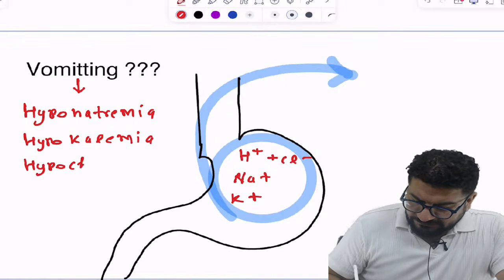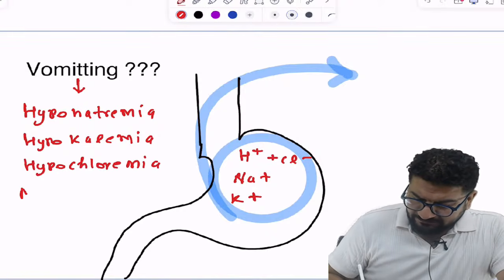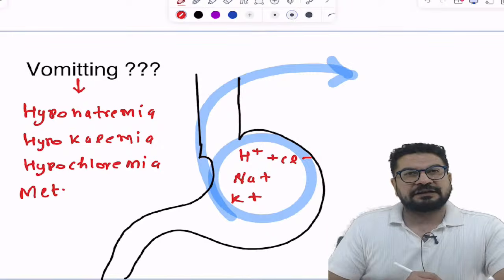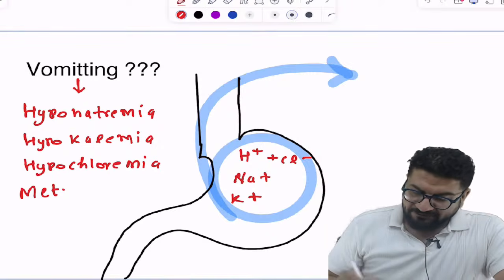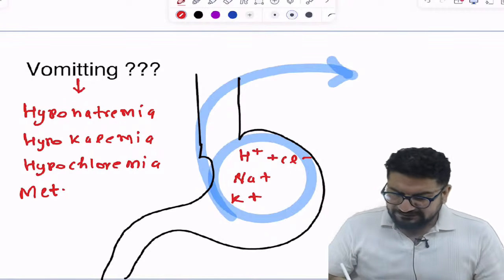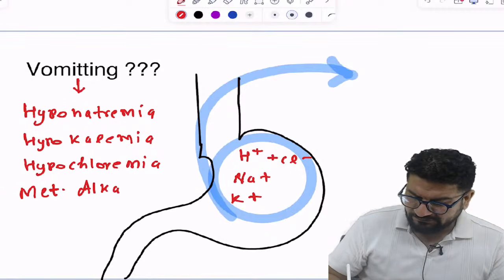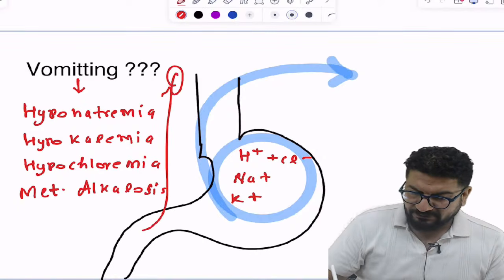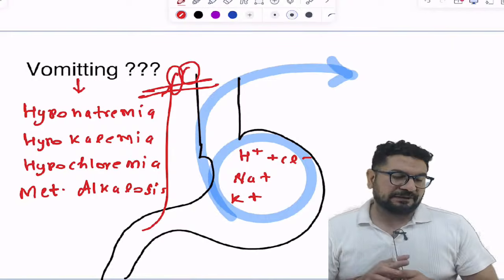Then you can notice hypochloremia and metabolic. Now see, H positive is removed. When H positive is removed, acidic ion is less. That means it is metabolic alkalosis. Simple. And this question came many times in your exam, and I'm expecting this in this attempt also.